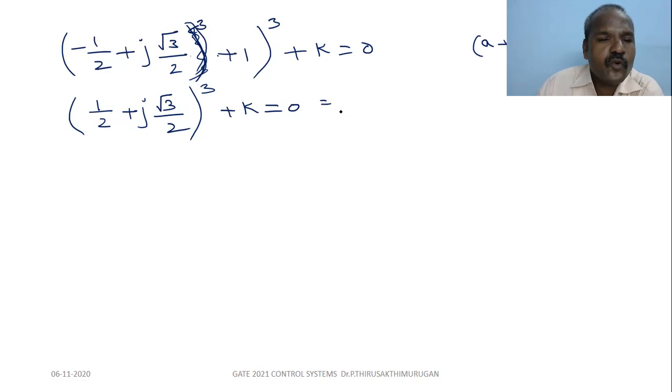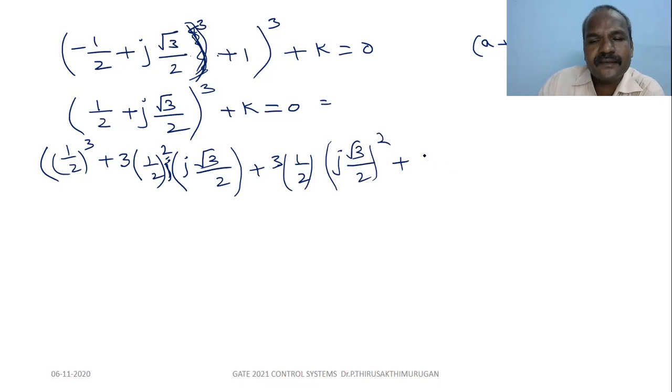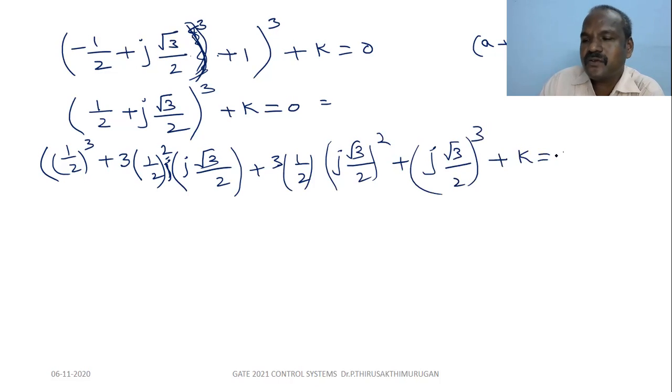Here a is half, so a cube is half cube, plus 3a square b, 3 into (1 by 2) square into j root 3 by 2, plus 3 into half into (j root 3 by 2) whole square, plus (j root 3 by 2) whole cube, plus k equal to 0.